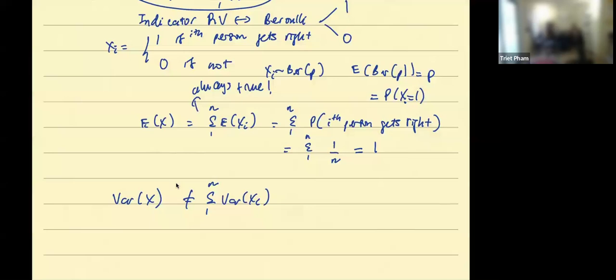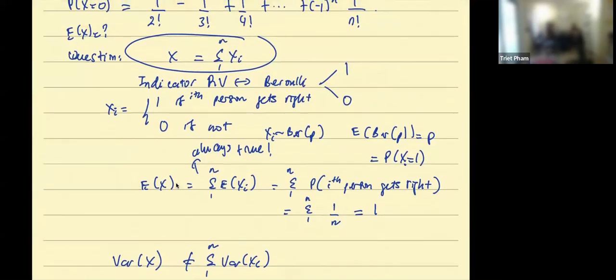And that is exactly why, when I say the sum, they may or may not be independent, and we need to be mindful that these are not independent. Any other question?